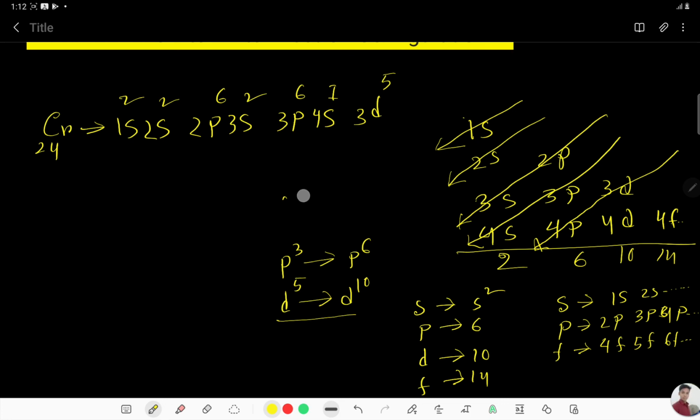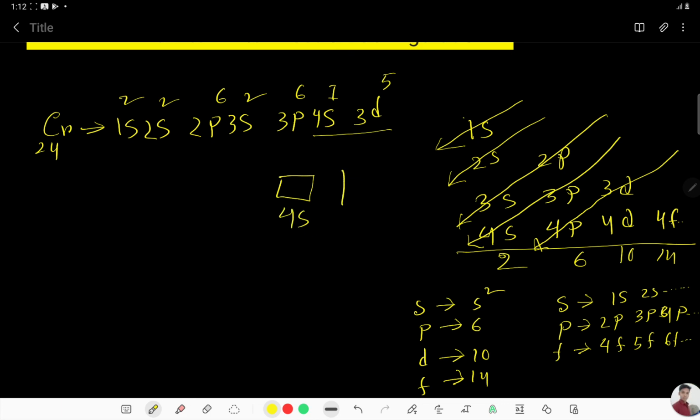So can you tell me the number of unpaired electrons in chromium? If you draw the orbital diagram, this is 4s and this is 3d: 1, 2, 3, 4, 5.